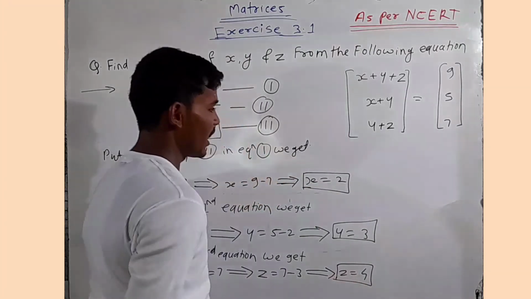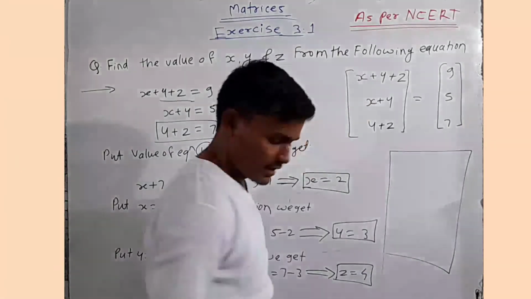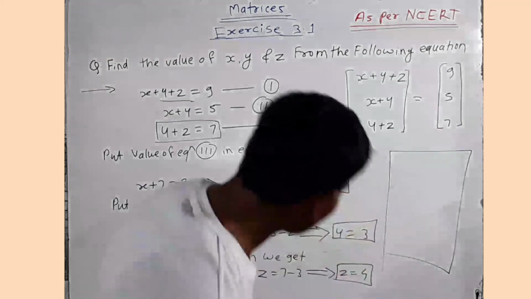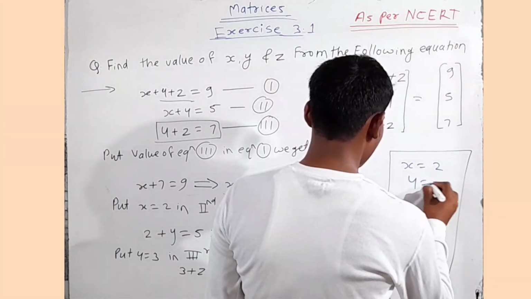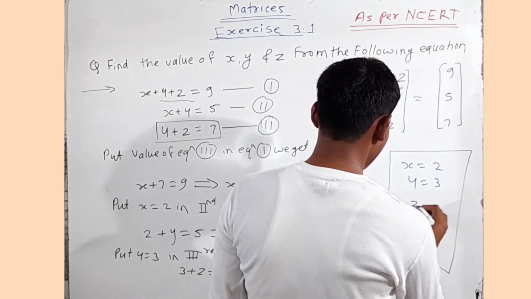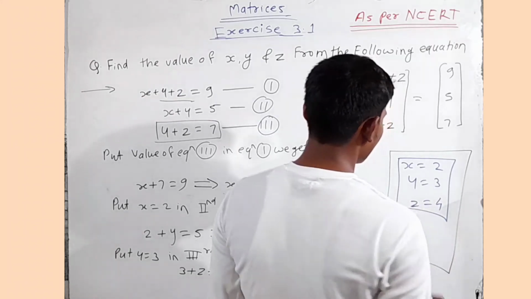Therefore we have all the values: x equals 2, y equals 3 and z equals 4. We have all the three values.